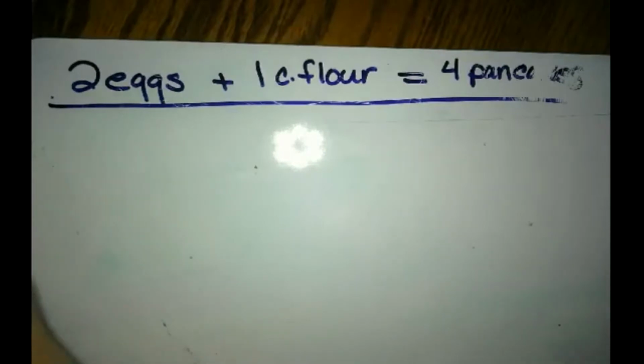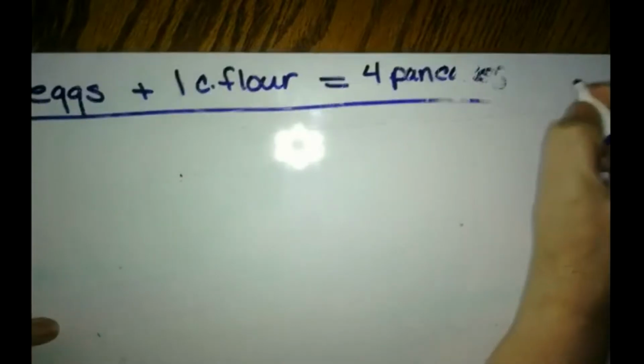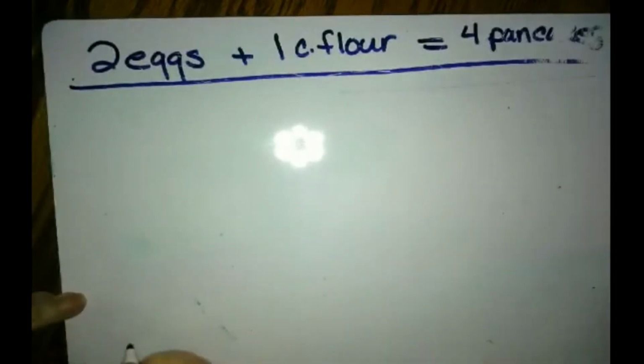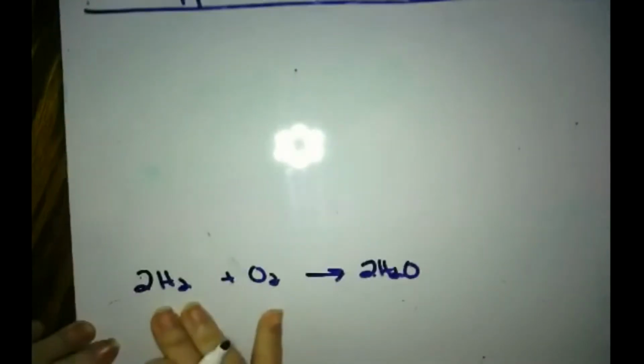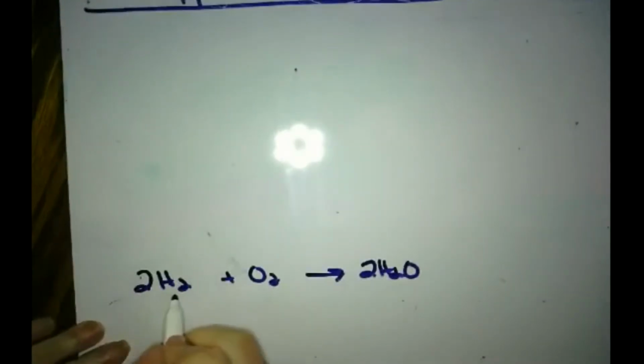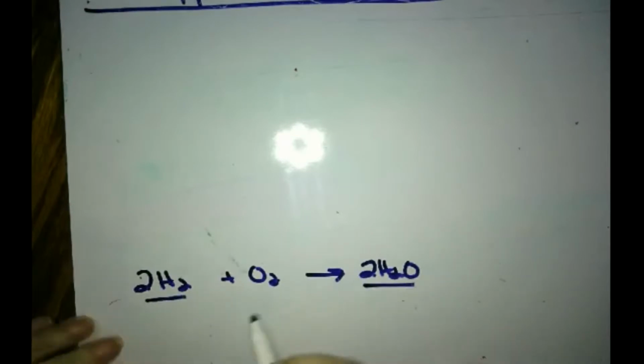we are going to start by thinking about our reactions. Let's say that I have hydrogen plus oxygen, and that is going to make water. So how many hydrogens make how many waters? Well, this is a recipe.